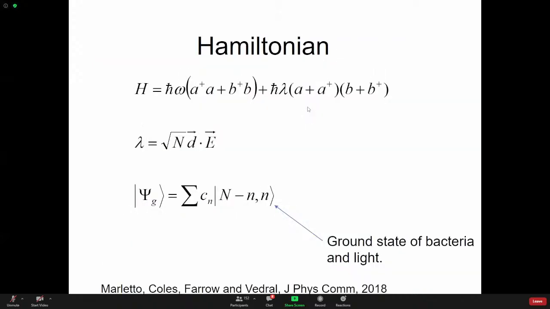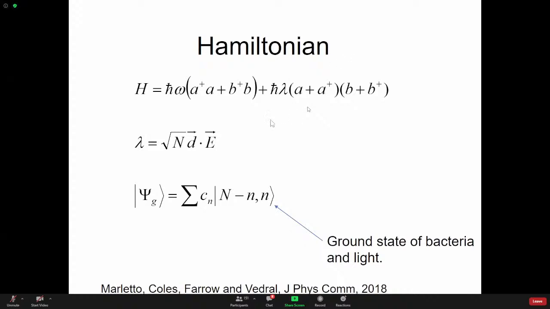And again, I don't want to bore you with the details, but you can write a very simple Hamiltonian in which you treat all the dipoles inside the bacterium as one huge quantum harmonic oscillator, and you can treat the quantized electromagnetic field in the cavity as simply another single mode of the quantized electromagnetic field.